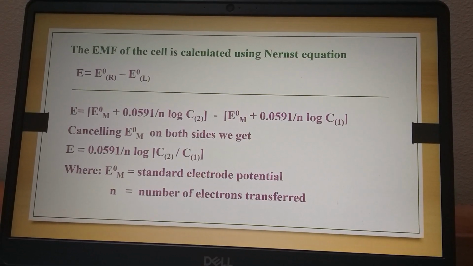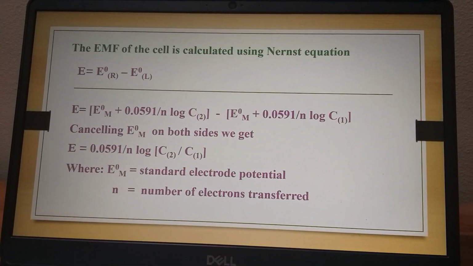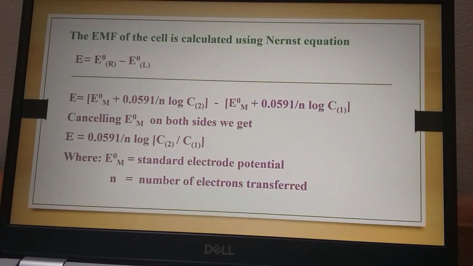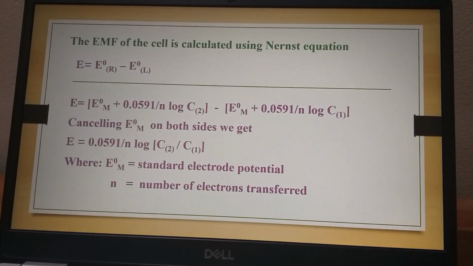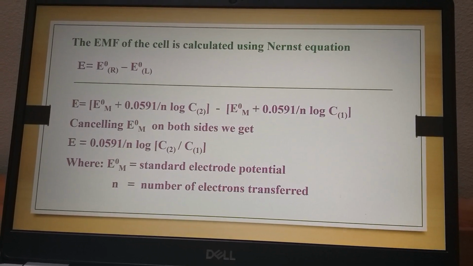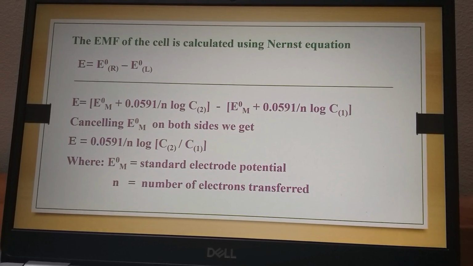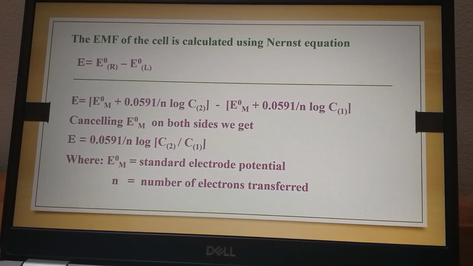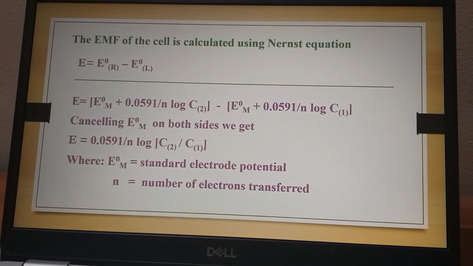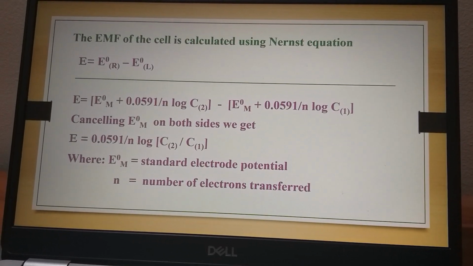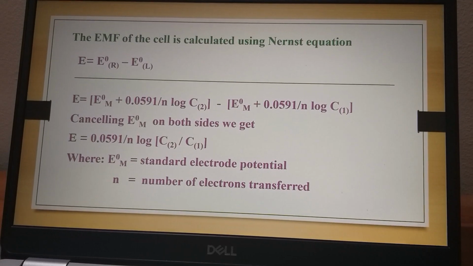Since we have taken the same electrodes, E0 M will be the same, and cancelling E0 M on both sides, we get E = 0.0591/n log C2/C1, where E0 M is the standard electrode potential and n is the number of electrons transferred during the reaction.